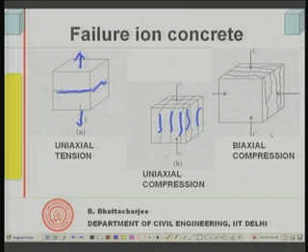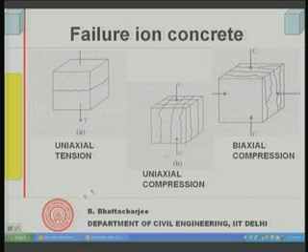But at the moment I will keep this away, though it is important to understand, because biaxial or triaxial compression would cause a different kind of failure than uniaxial compression. In uniaxial compression I am applying compression only in one particular direction. Cracks would form along the direction of the load application. I am applying load along this direction, cracks are also parallel to them on all surfaces. This happens in case of paste as well.